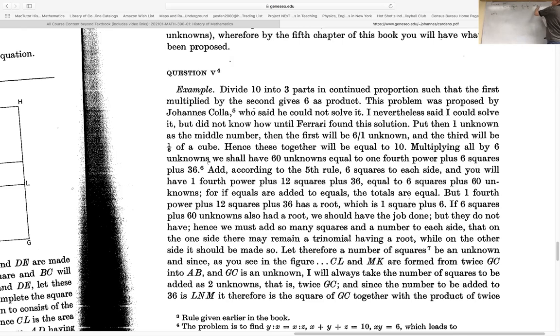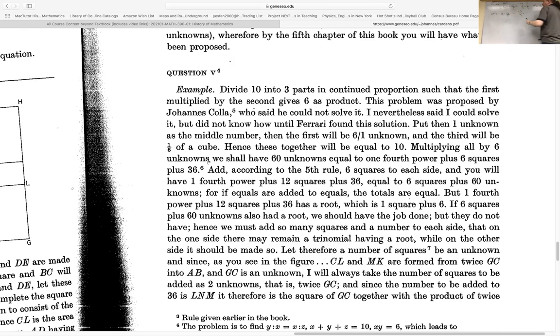But if B is X, then A is 6 over X from that equation. And then the third will be 1/6 of a cube. If we come here, we have AC equals B squared.